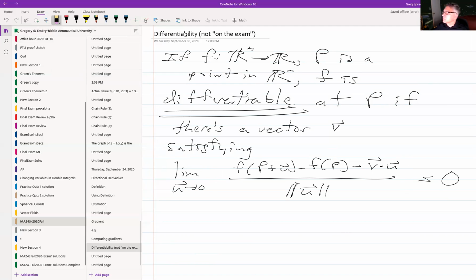Now, we're not doing a whole lot with limits as a vector goes to 0, but this just means as the vector U goes to 0 in any direction, this quantity goes to 0. Okay, so that's a definition of differentiable, and all the functions we work with are differentiable.